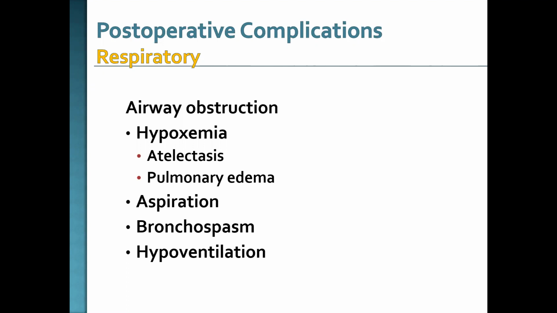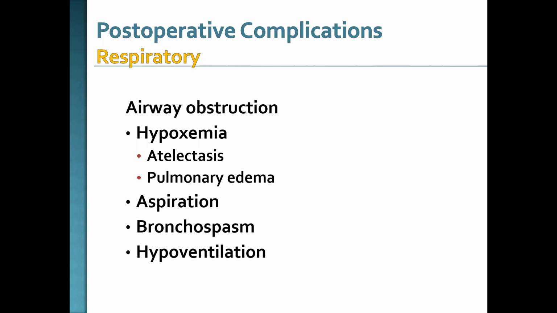Pulmonary edema is caused by accumulation of fluids in the alveoli and may be the result of fluid overload, heart failure, prolonged airway obstruction, sepsis, or aspiration. Pulmonary embolism is a thrombus that is dislodged from the peripheral venous system and lodged into the pulmonary arterial system.